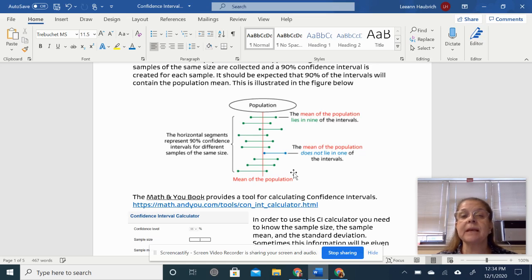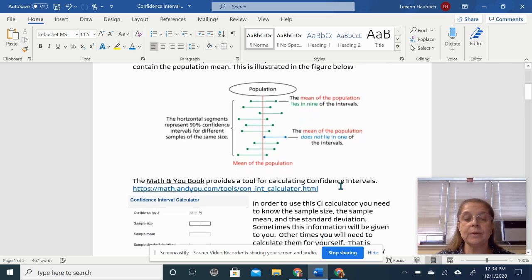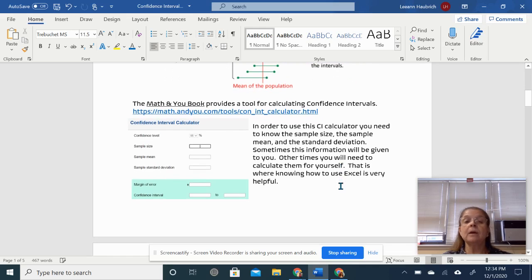Two standard deviations away from the mean above and below represents 95%, and 3 standard deviations away from the mean is 99.7%.